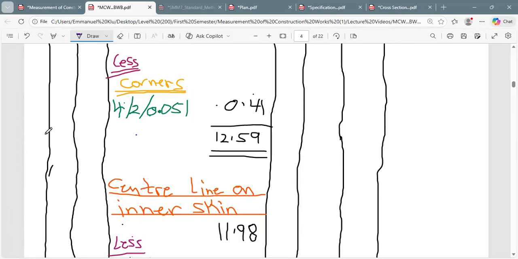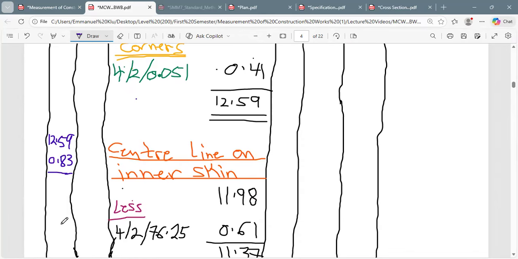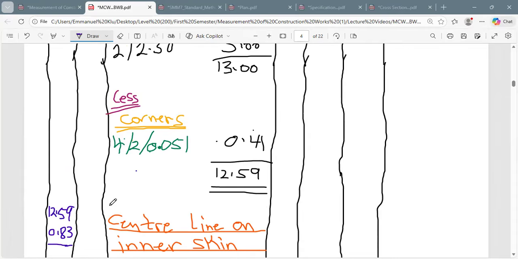So this is 12.59 times 0.83. 0.83 is for the distance. Don't get confused.